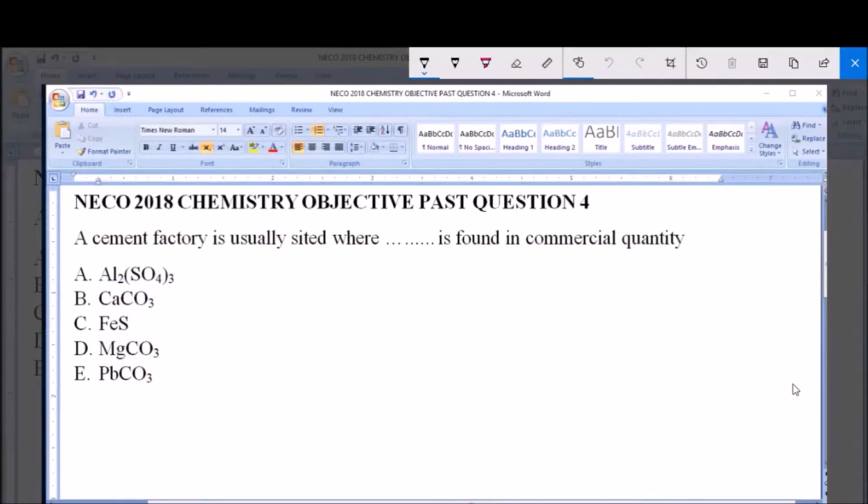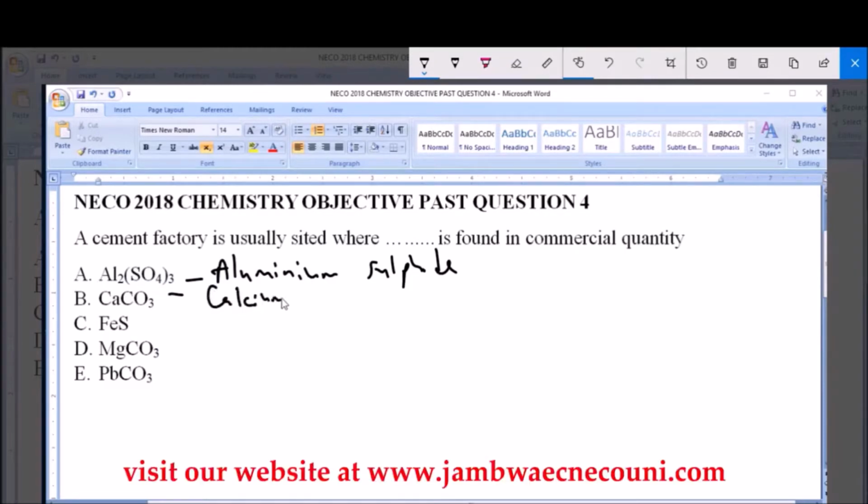A cement factory is usually cited where dash is found in commercial quantity. You have A, Al2(SO4)3, this is aluminium sulfide. B, CaCO3, this is calcium carbonate, or popularly known by its common name, limestone.